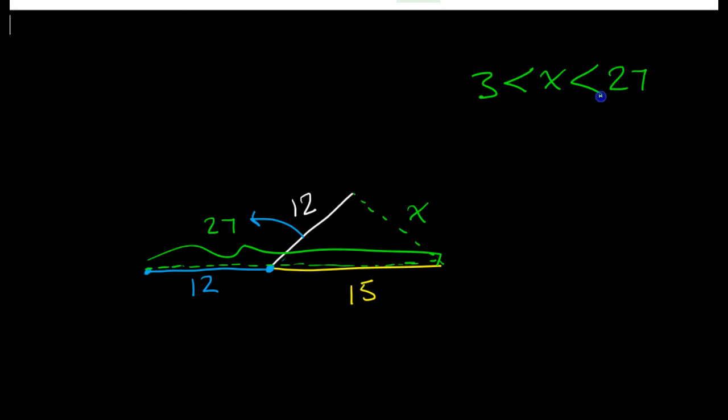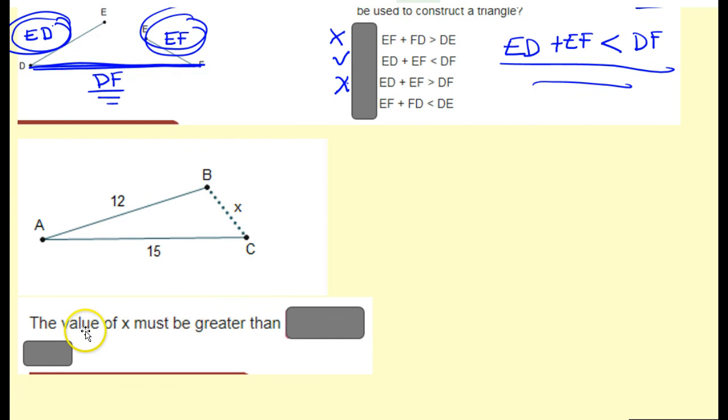The third side has to be less than 27. It can't equal 27 because to make 27 you would have to be flat, and that's not a triangle. So the third side has to be somewhere between 3 and 27, non-inclusive of 3 and 27. So the value of x must be greater than 3 and less than 27.